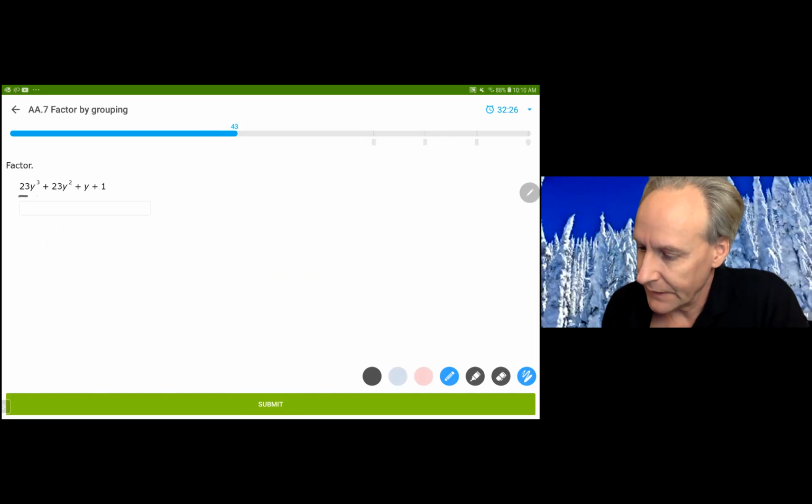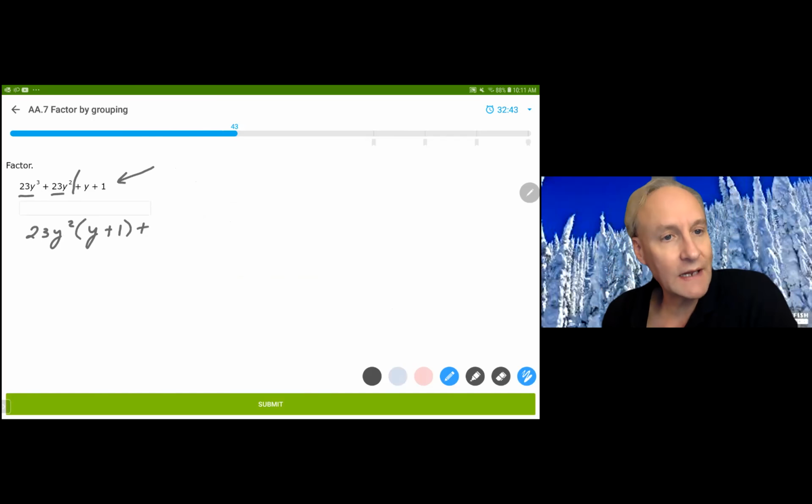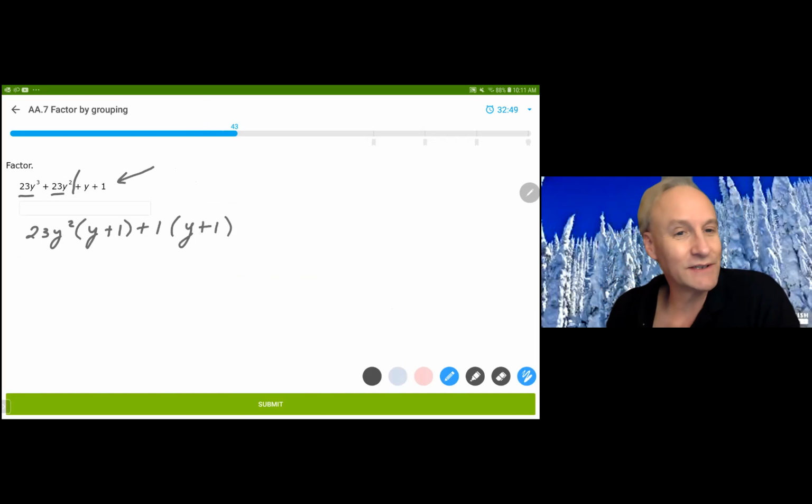23y squared is my common factor for the first pair, and we have a y plus 1 left. Uh-oh, now a lot of people are going to get confused because, wait a minute, there's no common factor, but there's always a 1. Does that make it clearer?